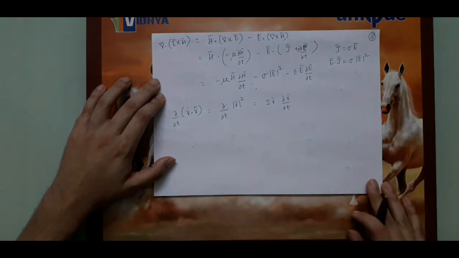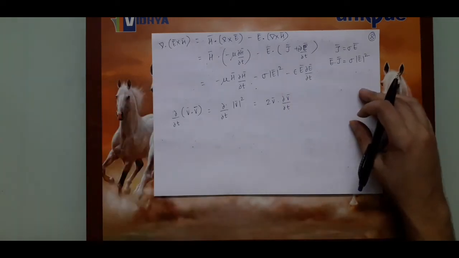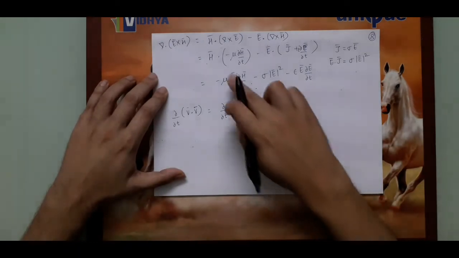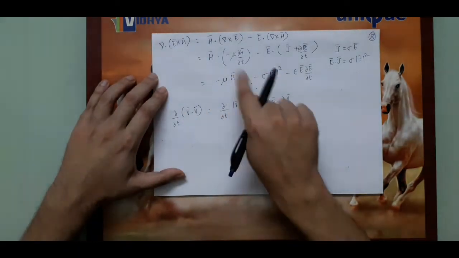This is a well-known vector differential identity where v is some time varying vector.